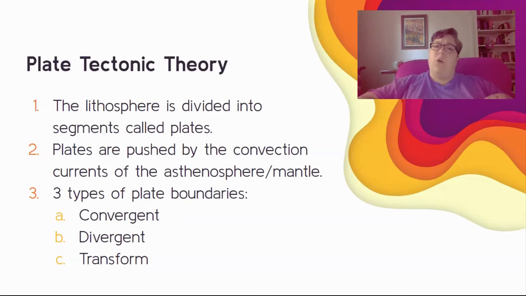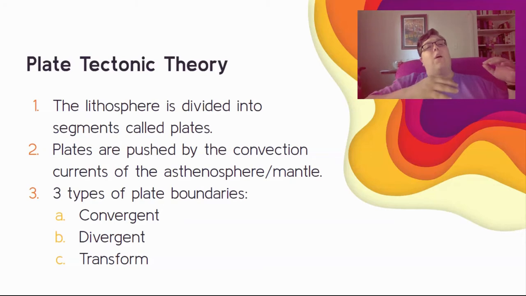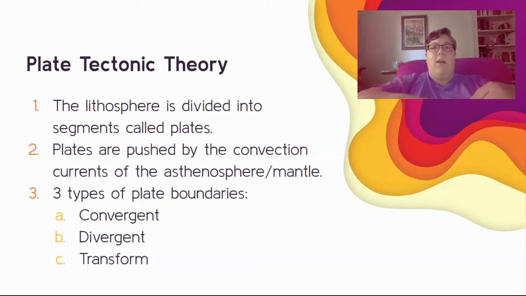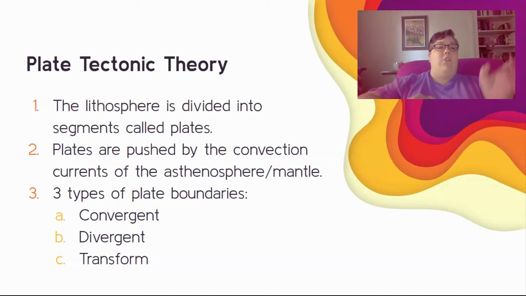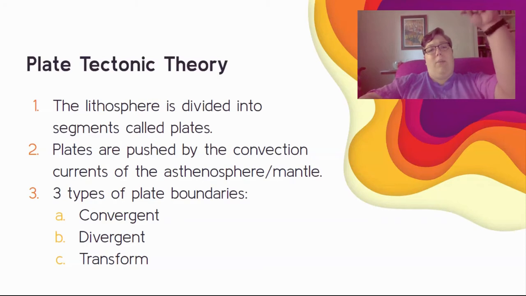And as it cools, the molecules now have less energy, so they tend to get closer together. So the liquid rock gets more dense, so it sinks. And this rising and sinking goes in a circular kind of pattern that as it comes up to the top, it could push the plate above it a little bit this way, or if it's going that way, it could push the plate a little bit that way.